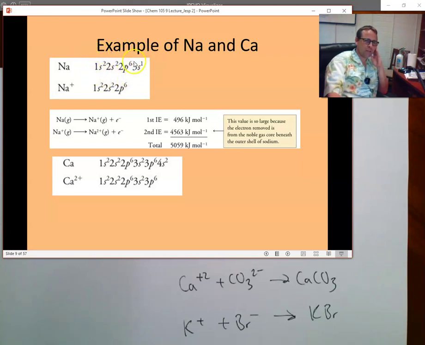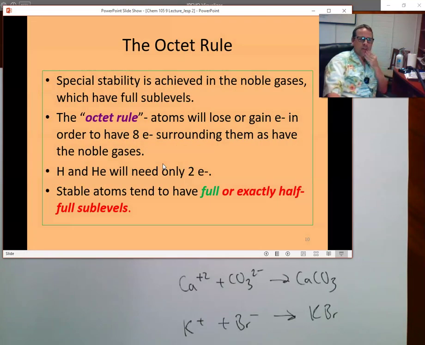It's this 3s1, the larger n value. And so we can identify the kind of ion that would be formed simply by recognizing that elements would like to lose their valence electrons. Same with calcium down here. We have 2 valence electrons, and calcium would likely form a +2 charge to lose those 2 valence electrons.